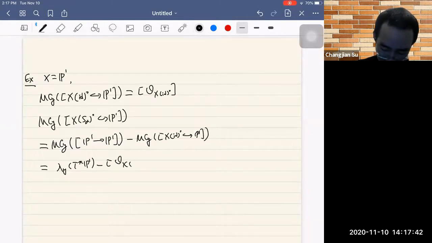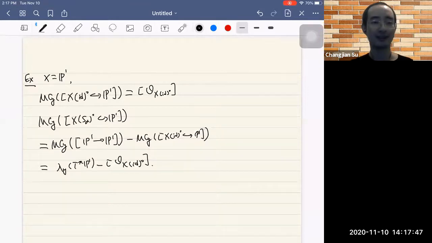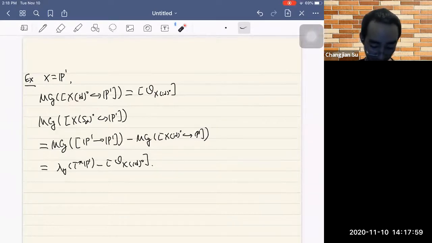This is the simplest example I can write down now. Usually we use the relations in the Grothendieck group to make this into a proper map, and then we can use the functorial property to concentrate on the source, and then use the normalization conditions to compute this.